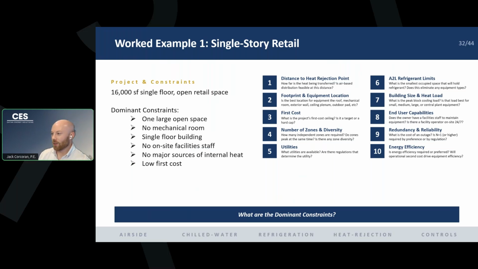They just want the one unit. They don't need the extra cost. And energy efficiency, while it's important to them in their day-to-day operation, it's not a dominant constraint. They just want this system to function so their customers are happy and they have a facility that can maintain the temperature they need. But our dominant constraints are listed on the left side.